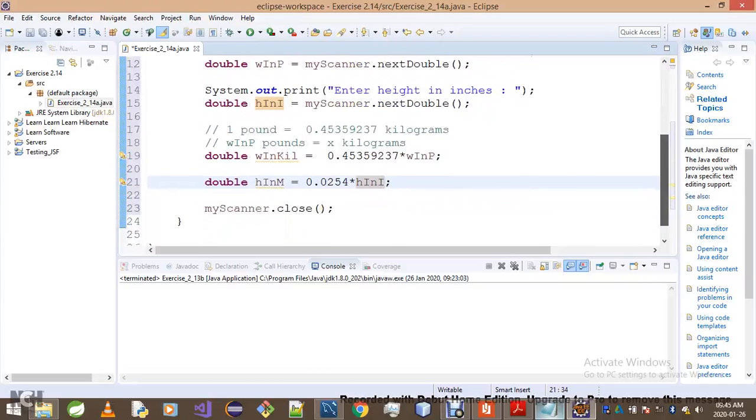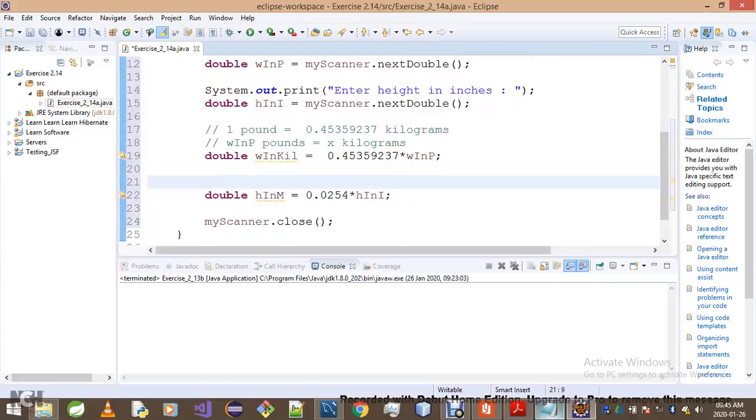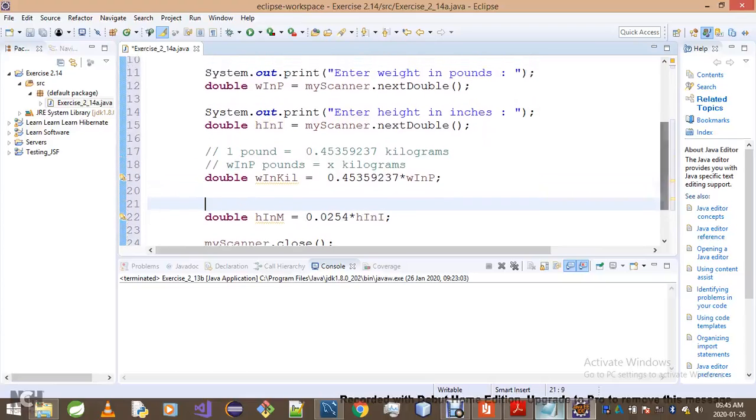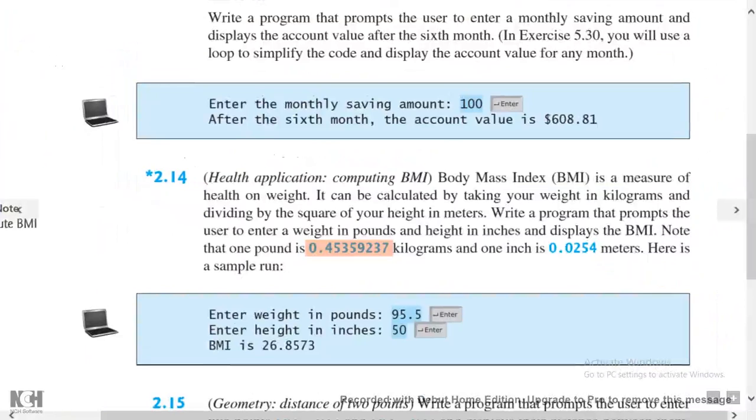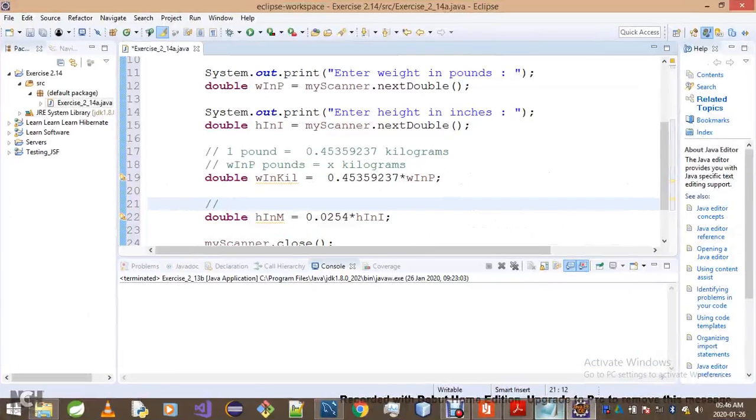Height in inches, okay? Again, how did I find this number here? I did one and the same thing. The idea is one and the same. What we do is we simply say 1 inch is this number here. One inch is equal to that many meters.